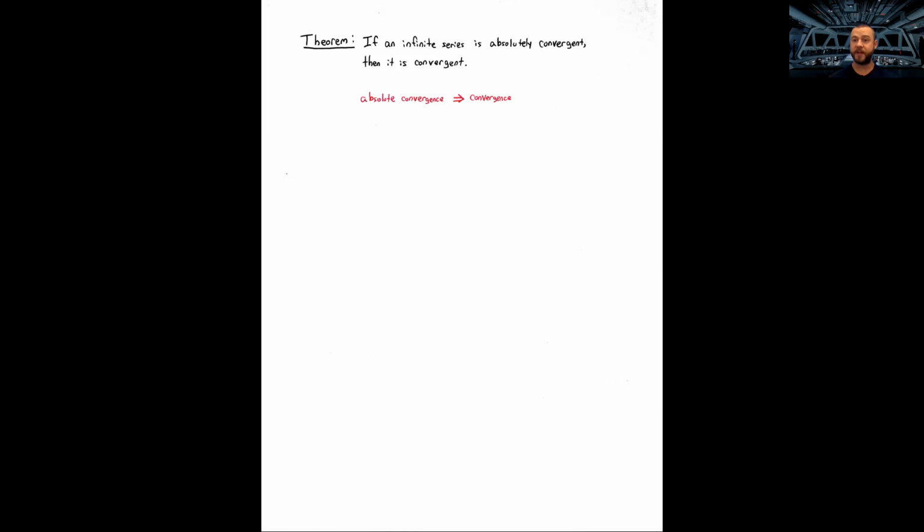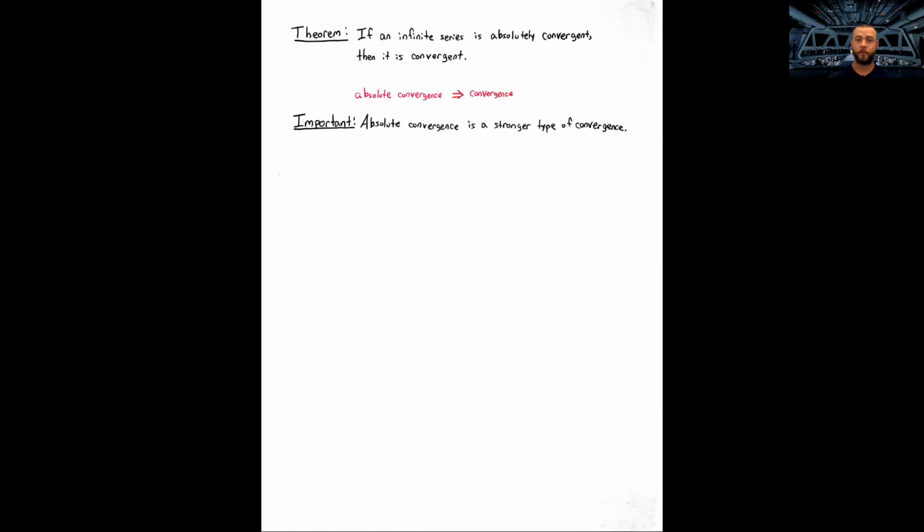Now, we're not going to prove this, but what the theorem states is if we have an infinite series that is absolutely convergent, then that same infinite series is also convergent. So what this theorem says is absolute convergence implies basic convergence, our first notion of convergence, the limit for the sequence of partial sums converging.